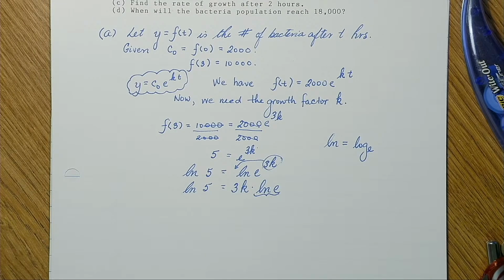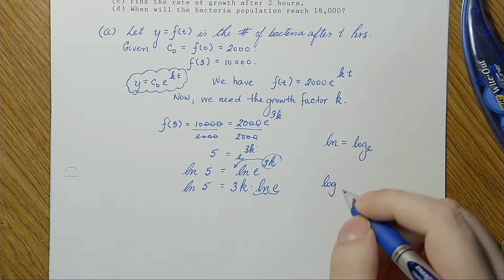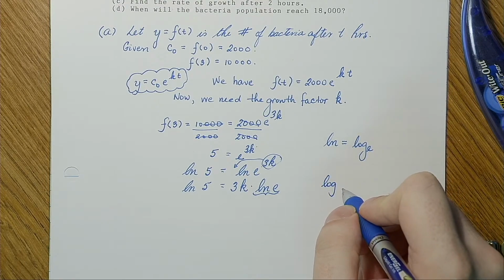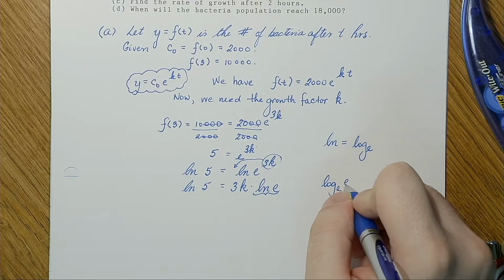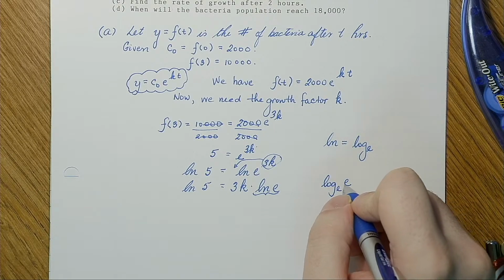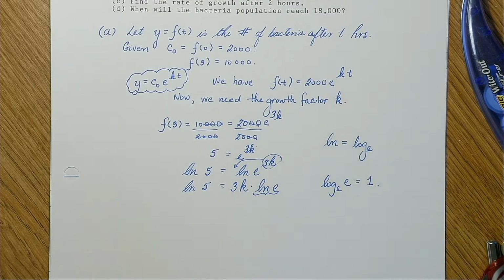The reason for that is, again, we have log to the base e of e, which is equal to 1. Log to the base b of b is equal to 1.